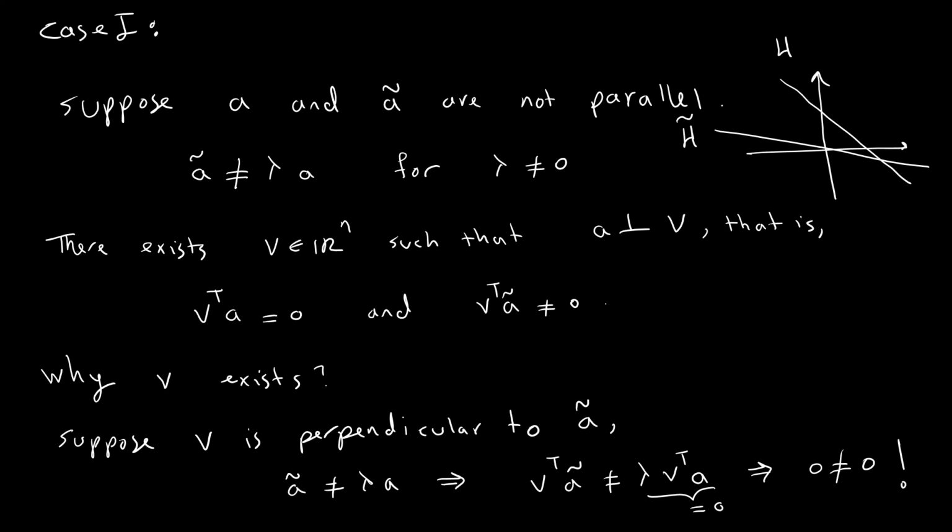But what does the first case say? Before showing you the formula, I am going to show you what is going on here. So I have two different hyperplanes here, and these hyperplanes are not parallel. So we have A for this hyperplane here, and then we have A tilde for this hyperplane here. And as you can see here, A and A tilde are two different vectors because they're not in parallel.